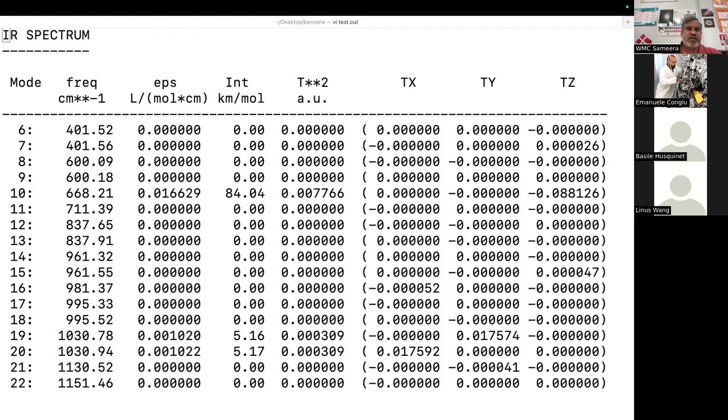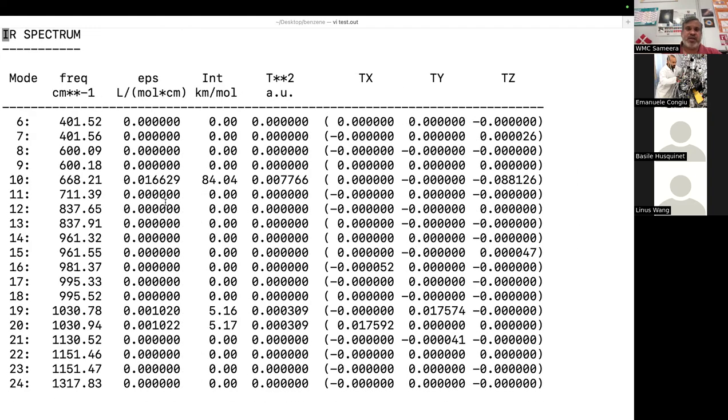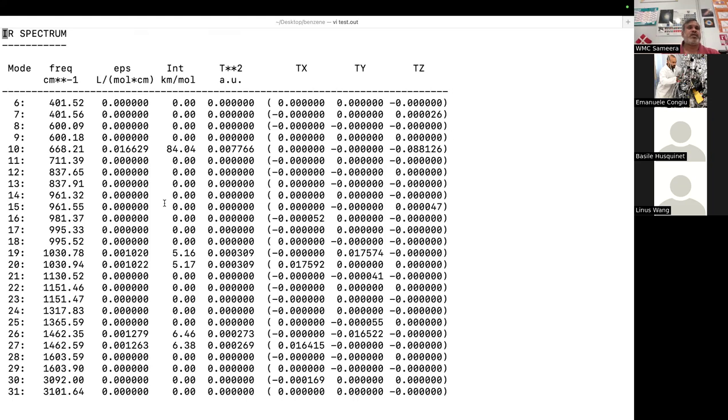And you can find the IR spectrum in the output file. Here is the frequency, and what is important is the frequency number here, and also the intensity. The intensity of that is relatively high, so that is a very important peak.